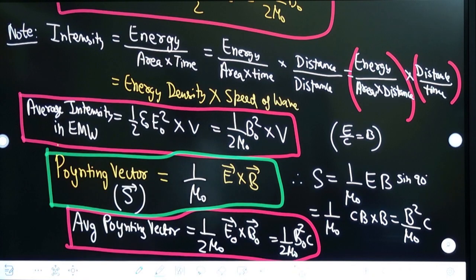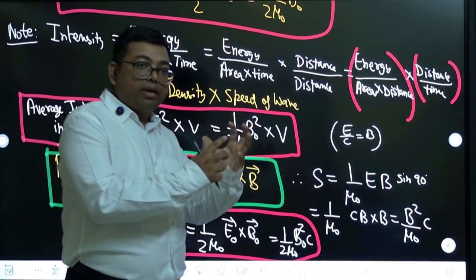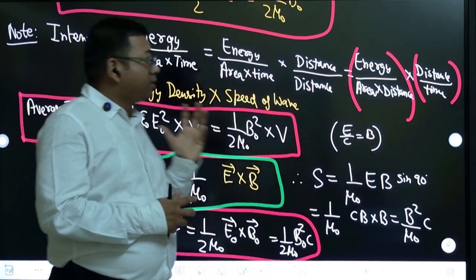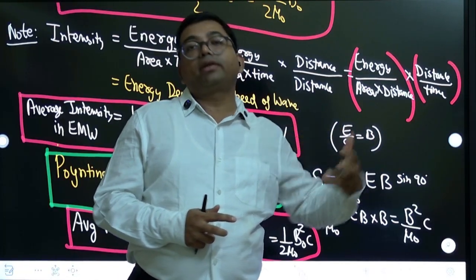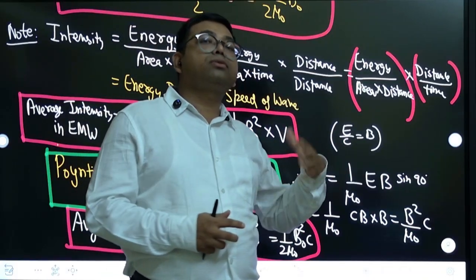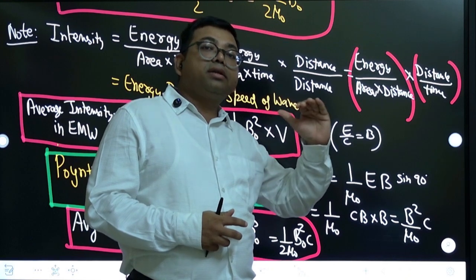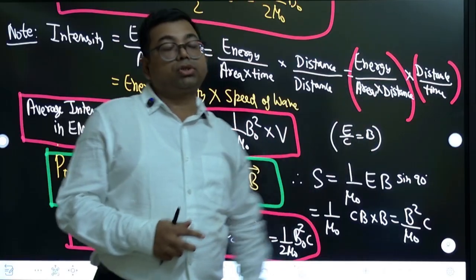Clear? So what does the Poynting vector give? The Poynting vector gives the energy density into the speed, how energy is propagating in space. So in this direction, energy is propagating in this space. That is what a Poynting vector is. The name Poynting is based on the scientist who gave it. So energy in the electromagnetic wave is propagating in this direction.